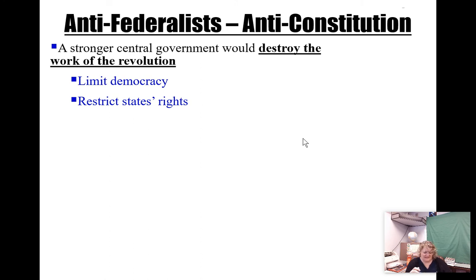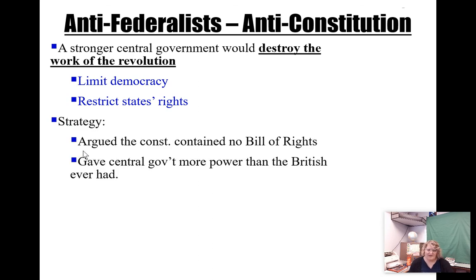And they are afraid that this strong federal government is going to restrict the rights of states to make decisions at a local level. And so they're arguing against the Constitution. Their main argument or strategy is that it does not contain a Bill of Rights. And they say that this gave the central government more power than the British government ever had. That was their main argument.